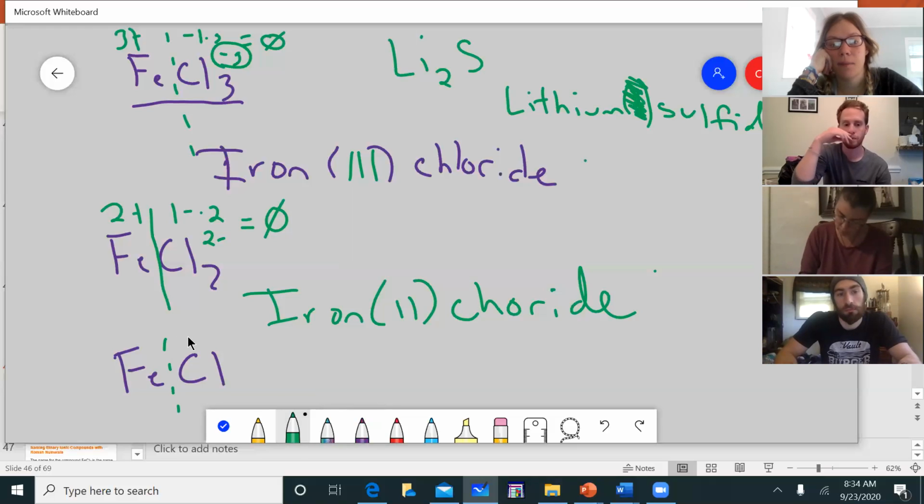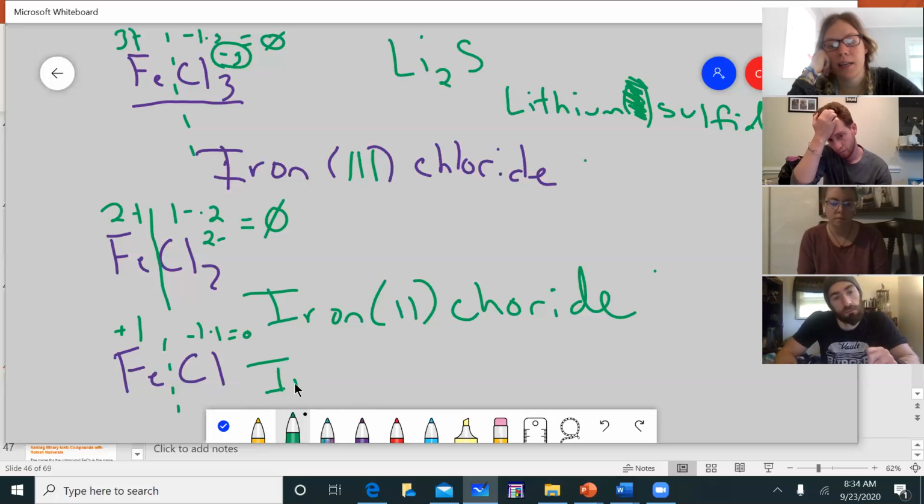Chlorine is a -1 charge, and we only have 1 of them. When you're going from the element up to the charge, you multiply. If you're going from the charge down, you'll divide, and we'll do one of those in a second. There's only 1 of those, and this whole thing has to equal 0, so this needs to be a +1. So we're going to go with iron 1 chloride.